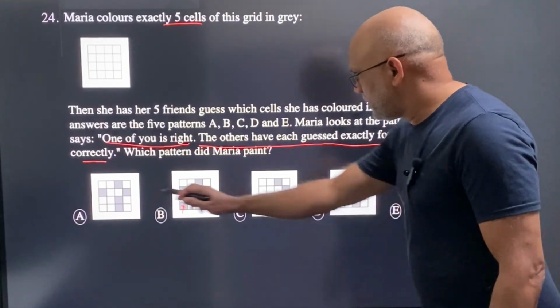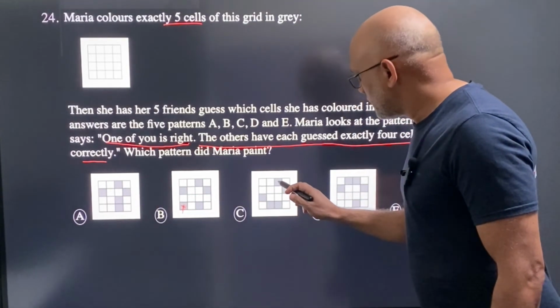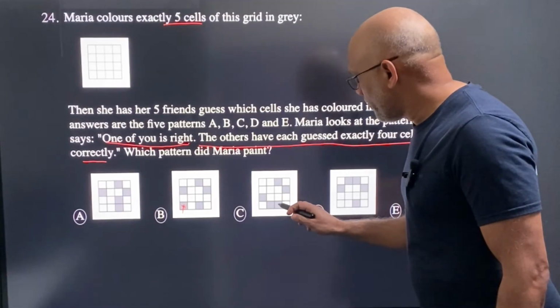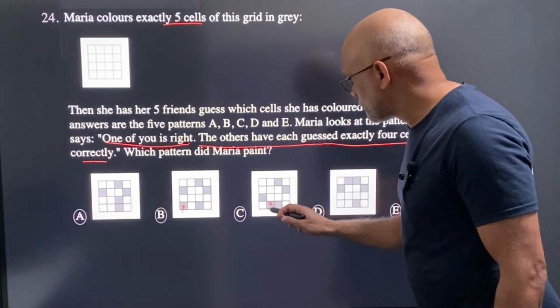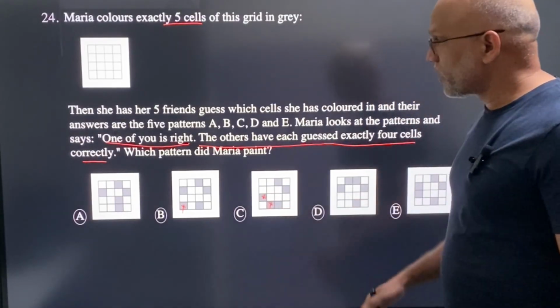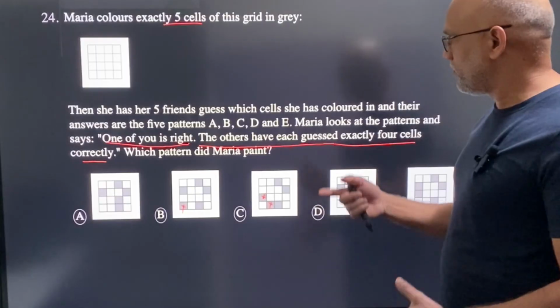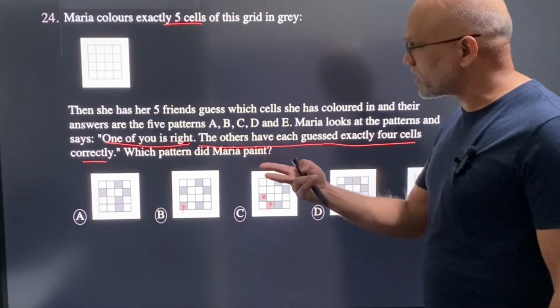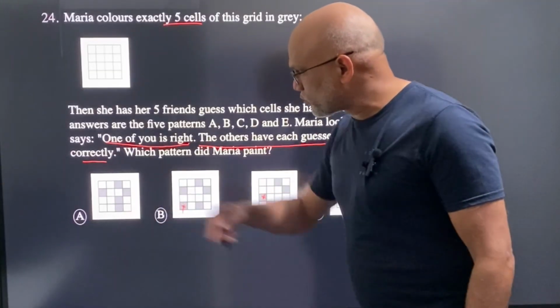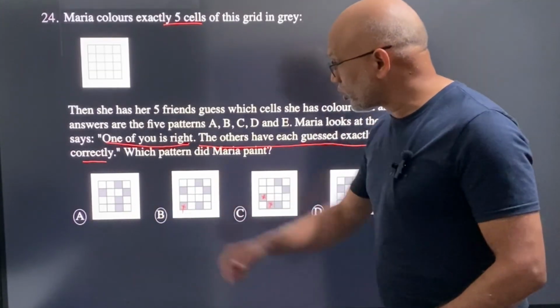This is correct, this is correct, this is correct, this is correct, this is wrong, this is wrong. That means here there are 2 cells that are wrong, and that cannot be it, right? Because they have guessed exactly 4 cells correctly and 1 cell wrong. But this has 2 cells wrong. If we assume this to be correct, then A cannot be the correct choice.